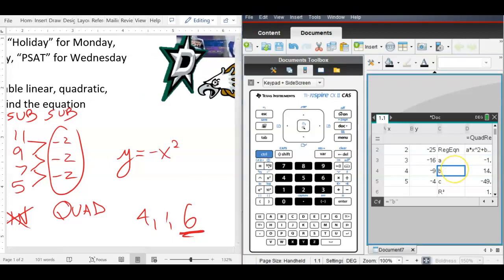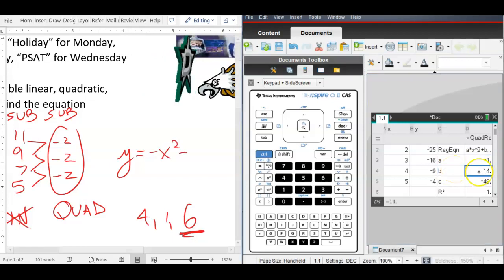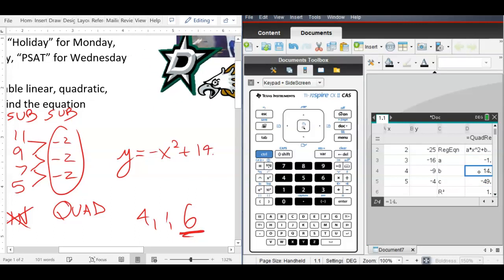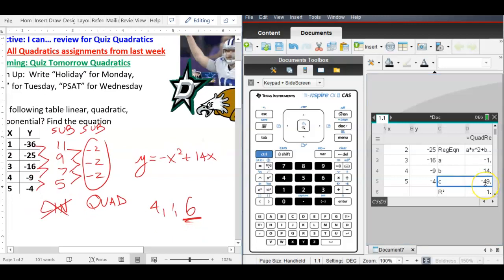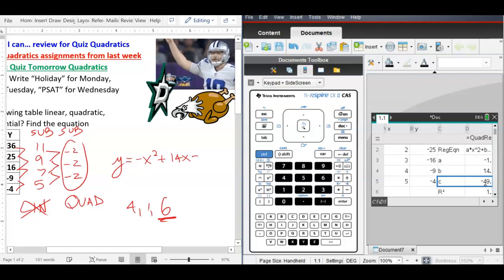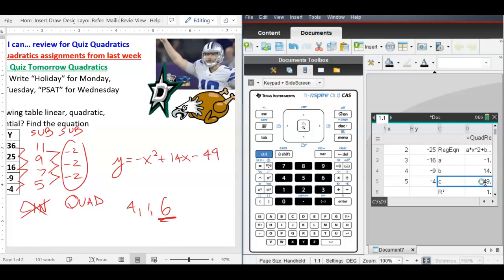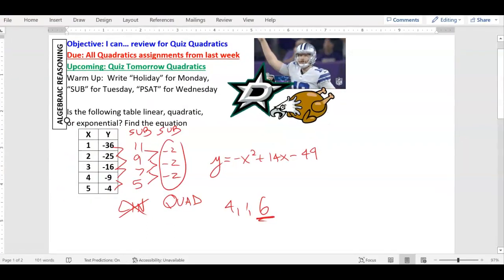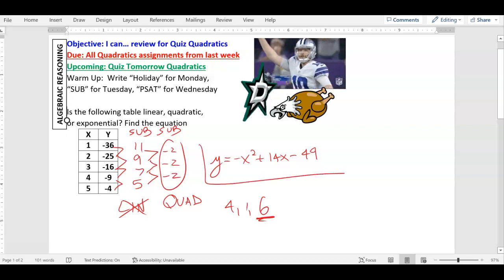And then plus, my B value is 14, so plus 14x. And then my C value is negative 49, so you can either add negative 49 or just put minus 49. All right, there's my equation.